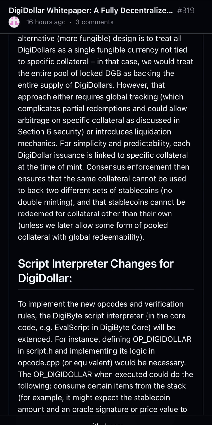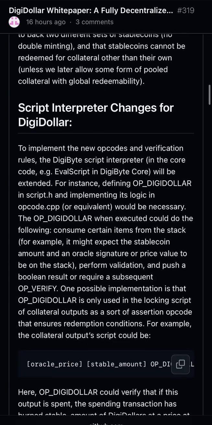For simplicity and predictability, each DigiDollar issuance is linked to specific collateral at the time of mint. Consensus enforcement then ensures that the same collateral cannot be used to back two different sets of stablecoins (no double minting), and that stablecoins cannot be redeemed for collateral other than their own, unless we later allow some form of pooled collateral with global redeemability.